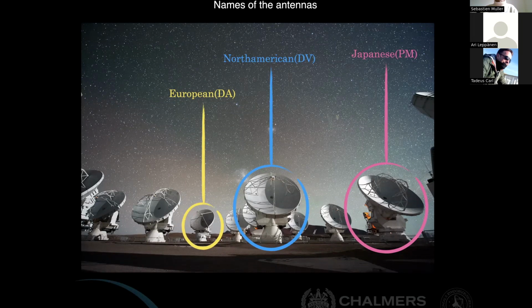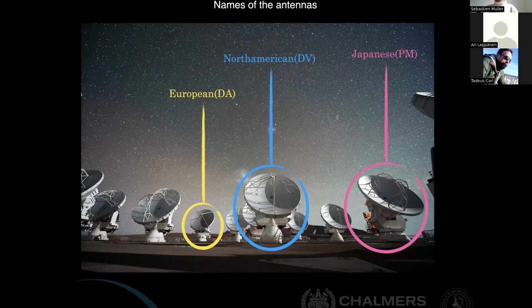It is interesting that just by the appearance one can tell, even though the specifications of the antennas are all the same. In principle, there shouldn't be a difference if the observations are done with one antenna from one region or another, but it is interesting to see that they look slightly different physically.